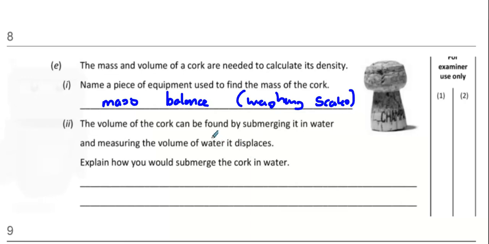The volume of the cork can be found by submerging it in water and measuring the volume of the water displaced. Explain how you would submerge the cork in water.